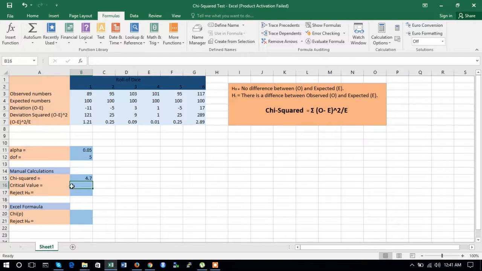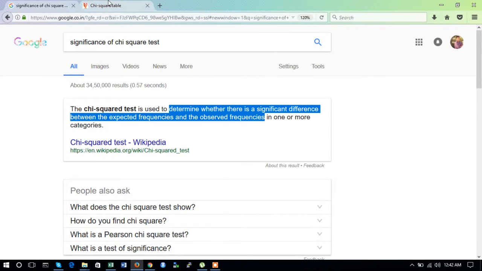Now we have to check the critical value of chi-squared. We can see that we have the alpha value of 0.05 and we have the degrees of freedom of 5. So we can get the critical value from the chi-square table.